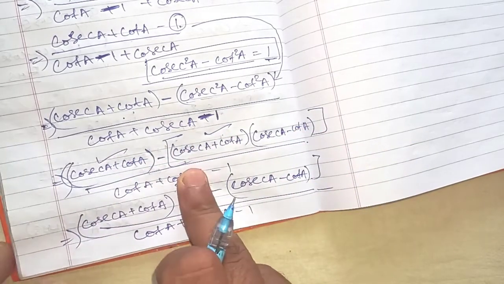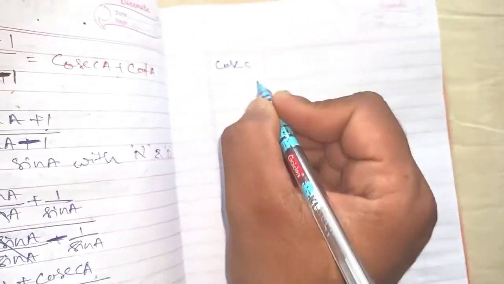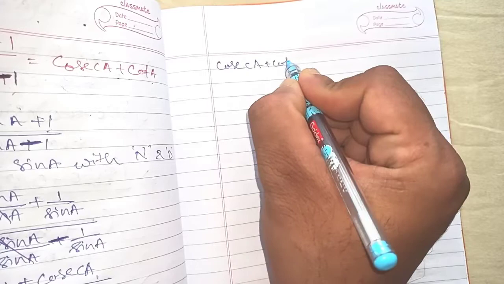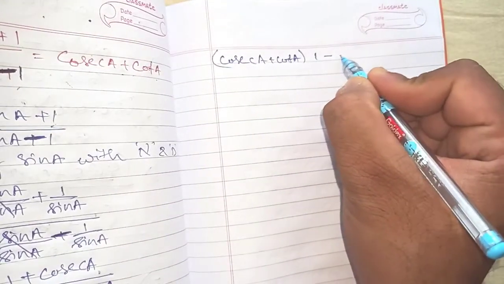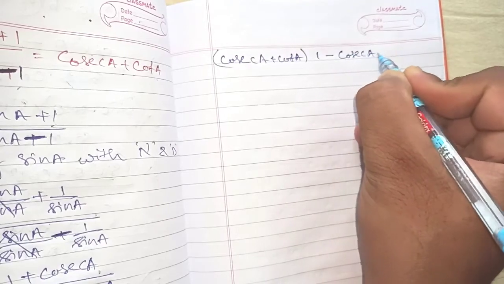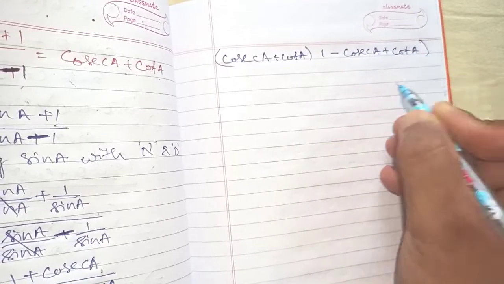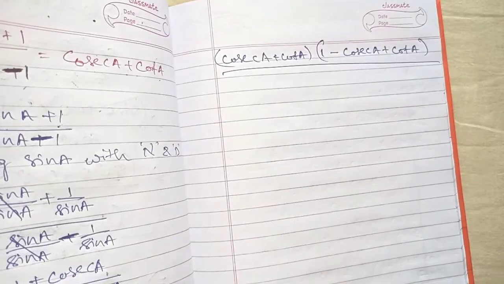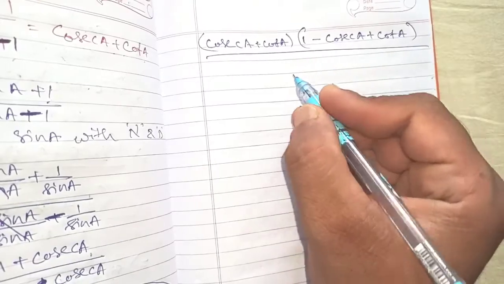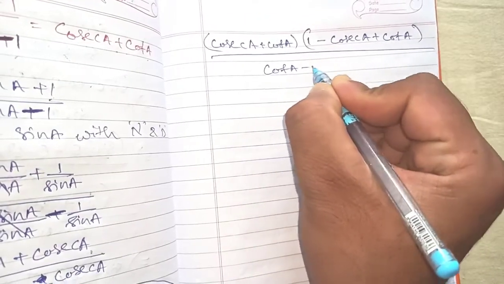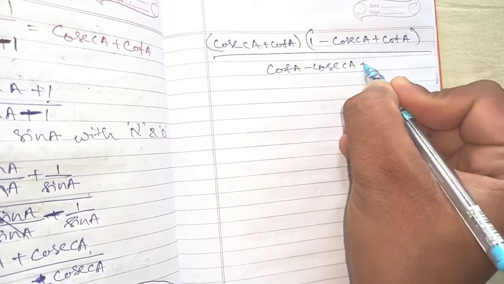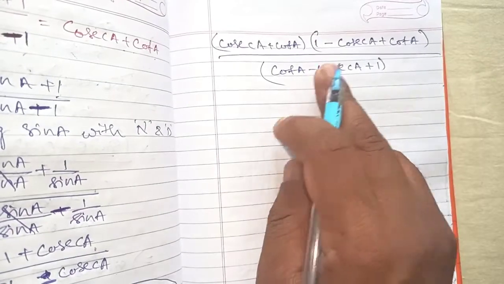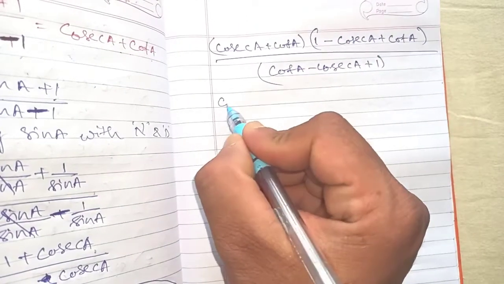Now what we will get, cosec a plus cot a inside the bracket, 1 minus cosec a plus cot a, whole divided by cot a minus cosec a plus 1. I will just arrange this according to the numerator.